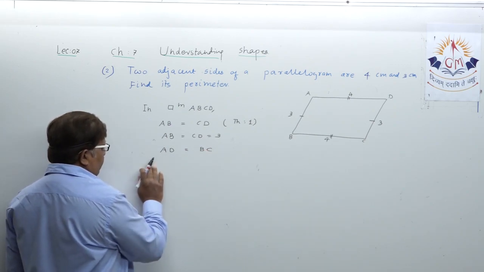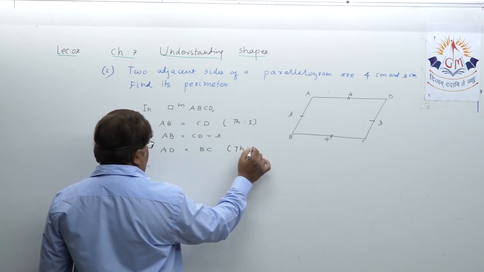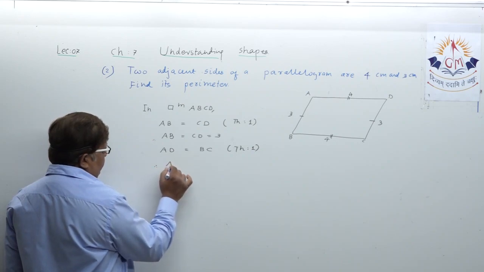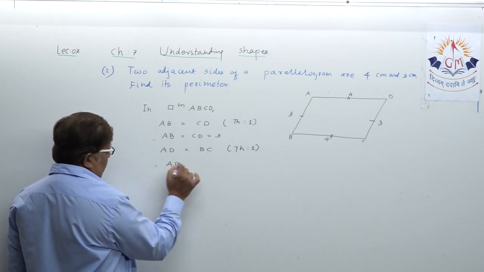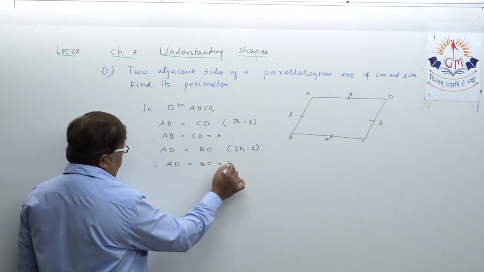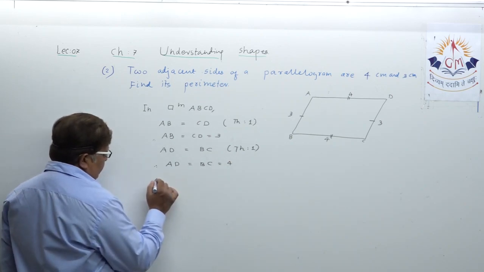They are also opposite sides. In reference, my dear student, you can also mention this. No problem at all. Therefore, AD equal to BC equal to 4. You got all the sides.